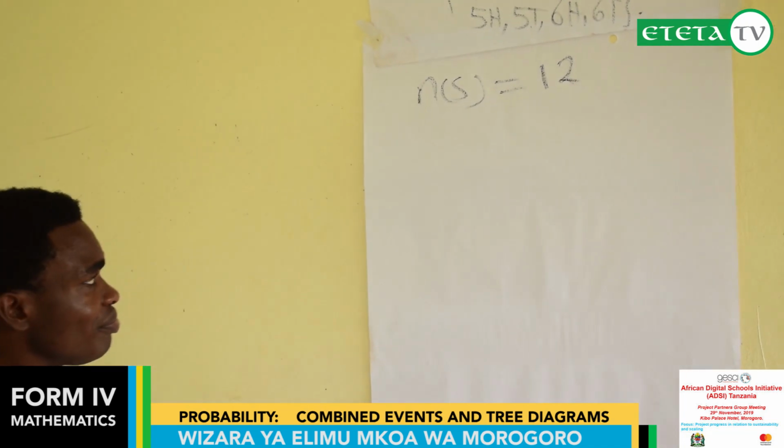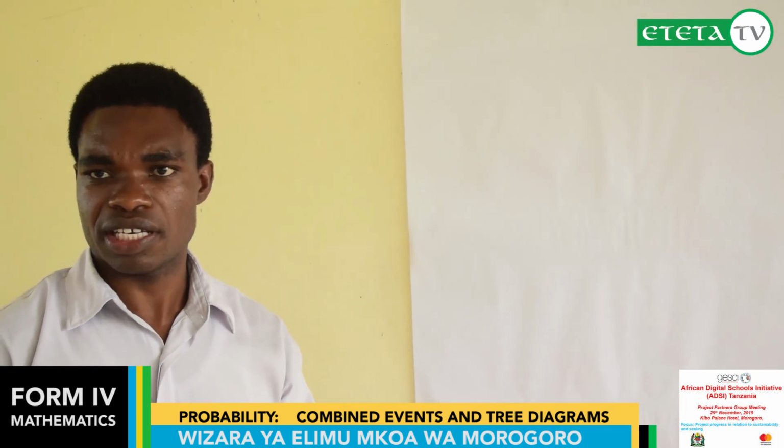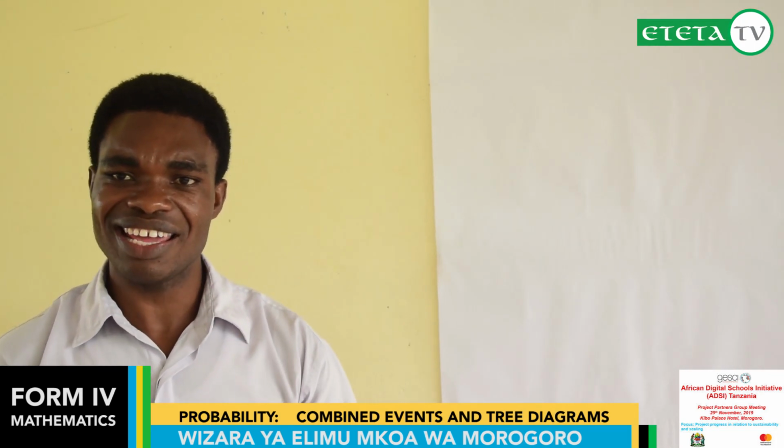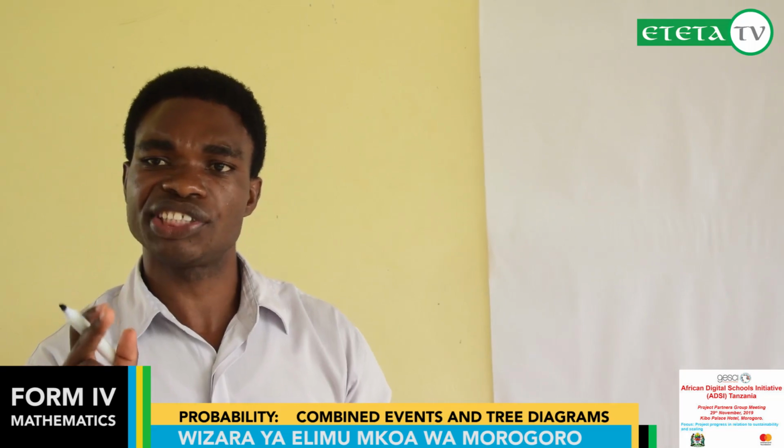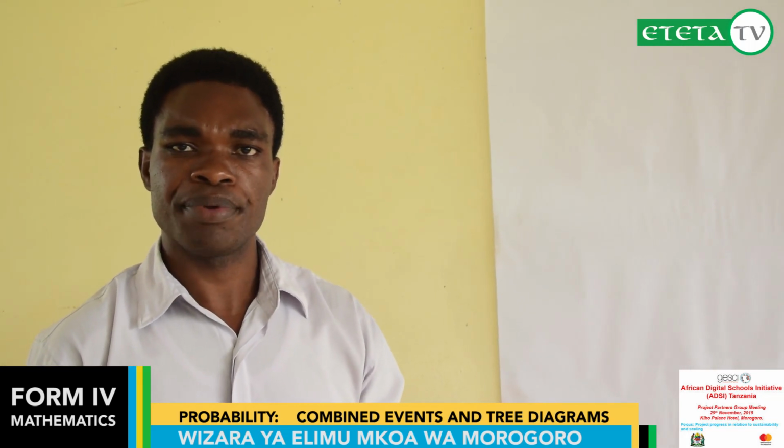But again, we should know the event. And in the question, the event is a head and a number less than 3 appears.